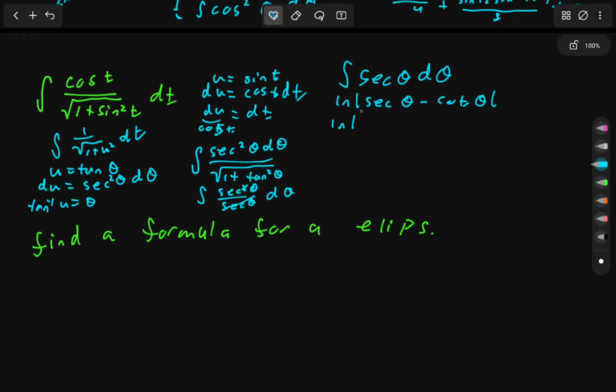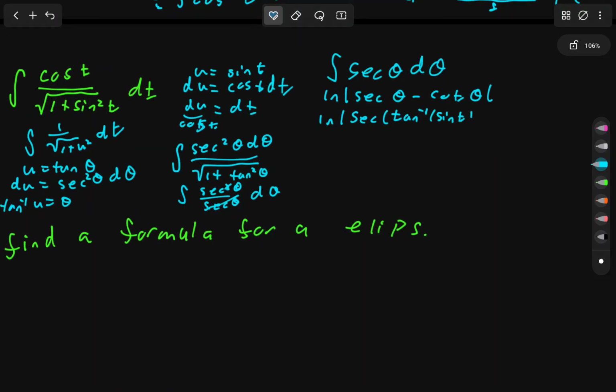So this becomes the natural log of the absolute value of secant of tan inverse of sine of t, plus tangent of tan inverse of sine of t, and that would be our solution. Absolute value plus c. I just couldn't fit it there.